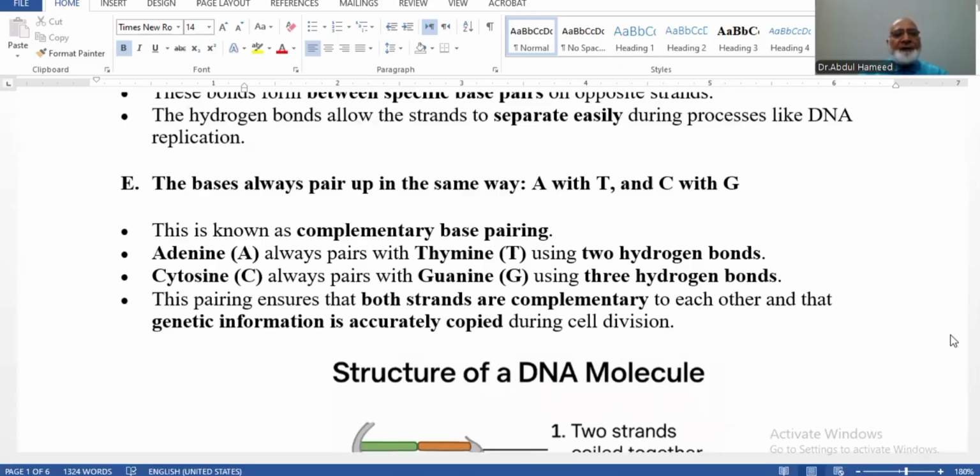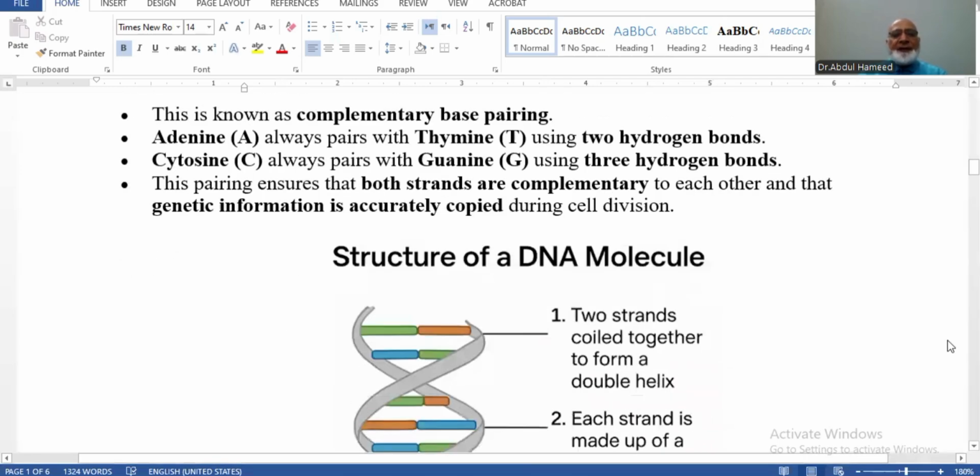Adenine always pairs with thymine using two hydrogen bonds. Cytosine always pairs with guanine using three hydrogen bonds. This pairing ensures both strands are complementary to each other, so that genetic information is transported and transferred accurately and will be copied at the time of cell division.